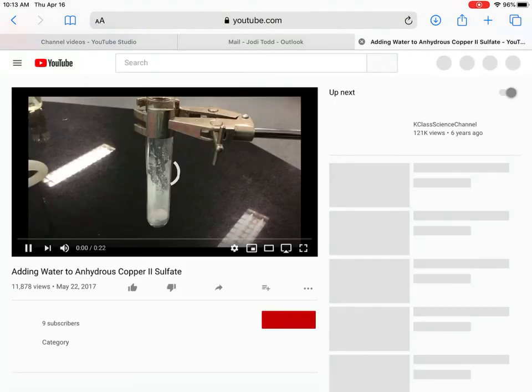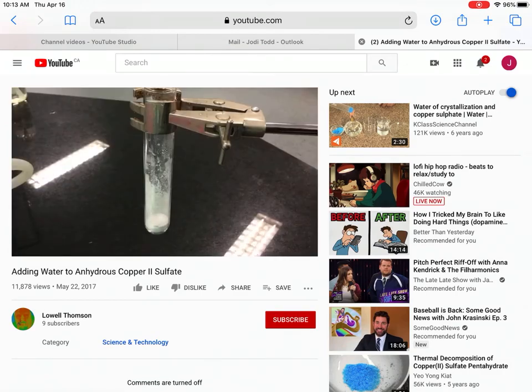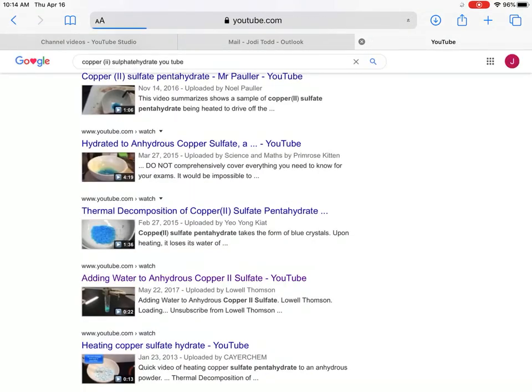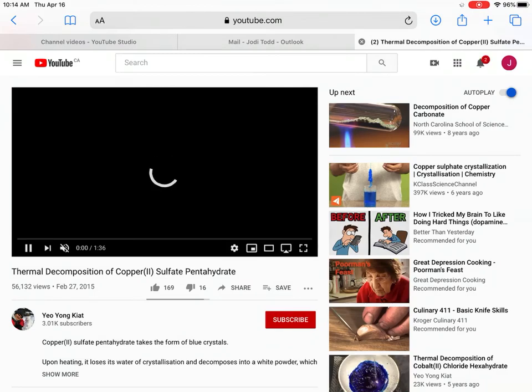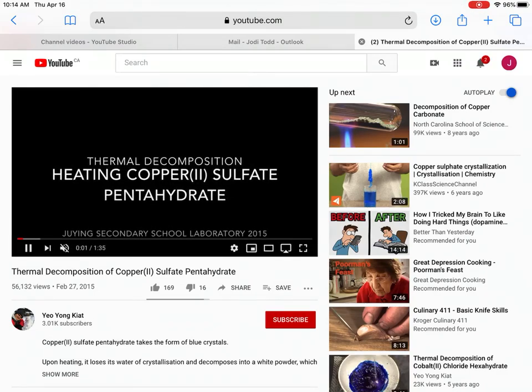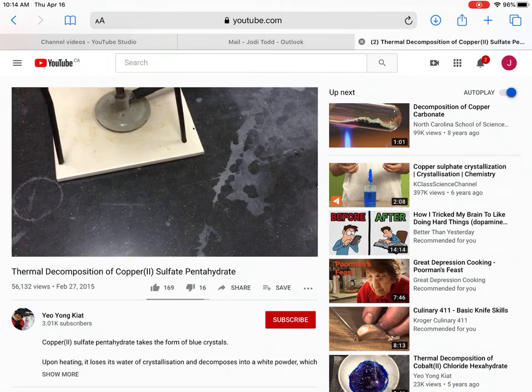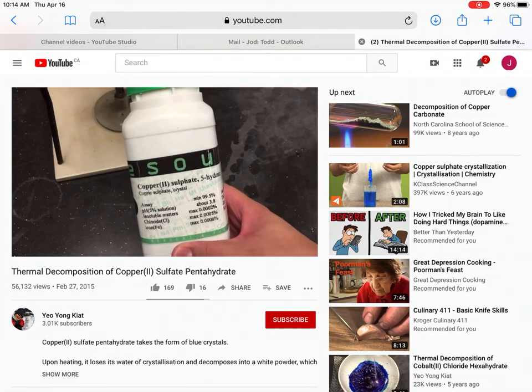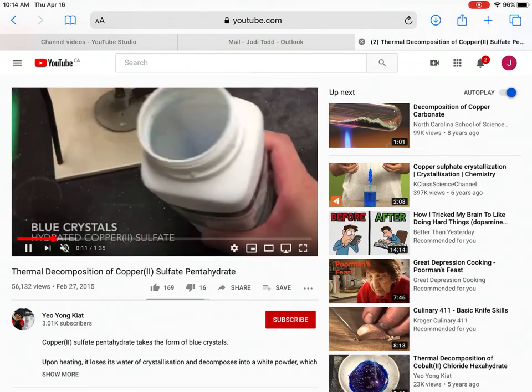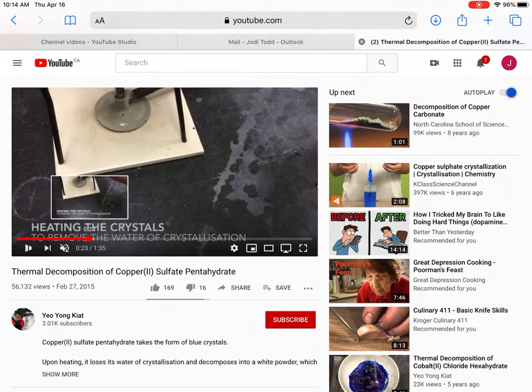It is a test tube, and let me just see. It's a test tube, and they've added, okay, so the blue stone is the hydrate, and then when you heat the blue stone, the copper 2 sulfate pentahydrate, then what happens is it actually drives the water off and you get a white solid left over. So it's actually a really easy thing to do.